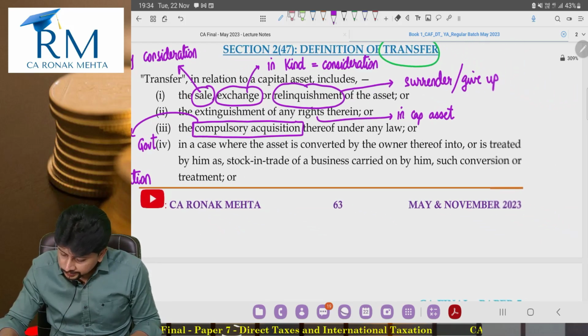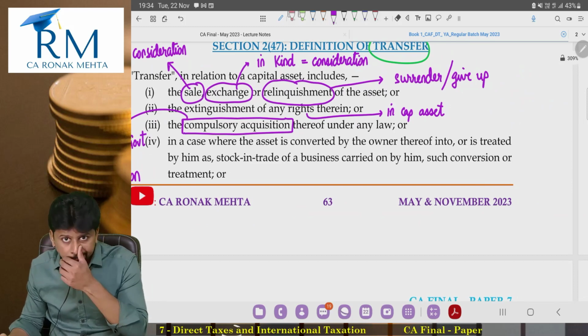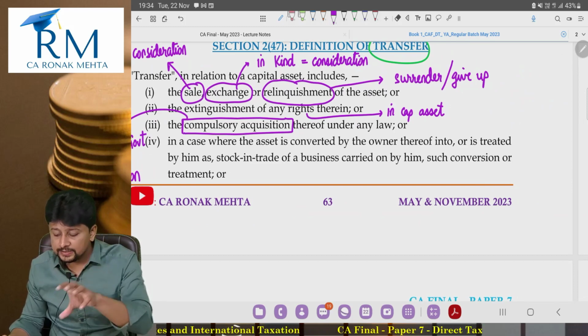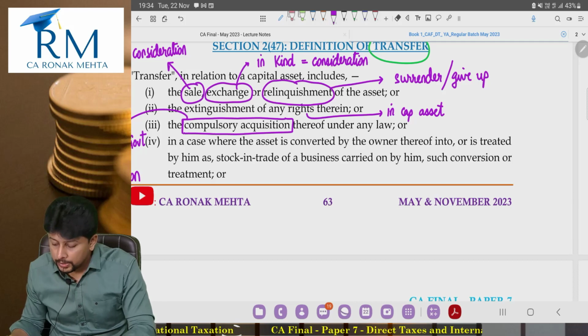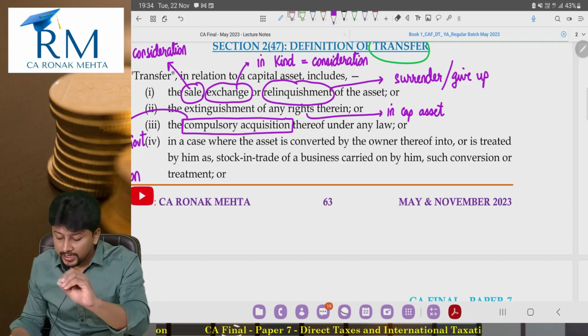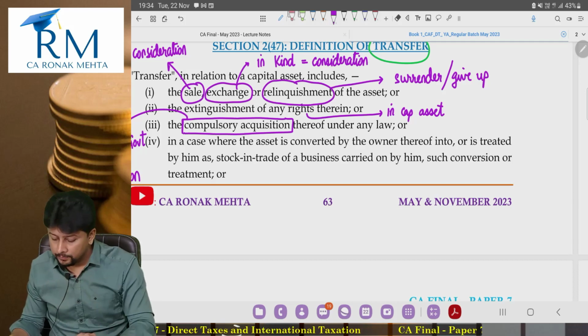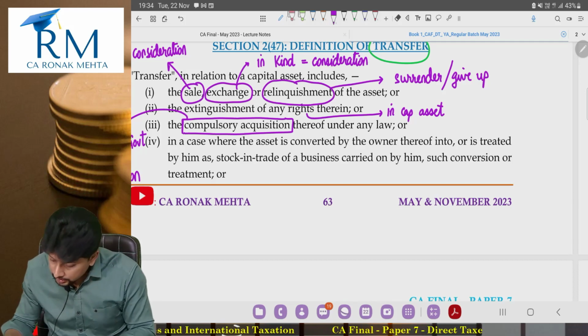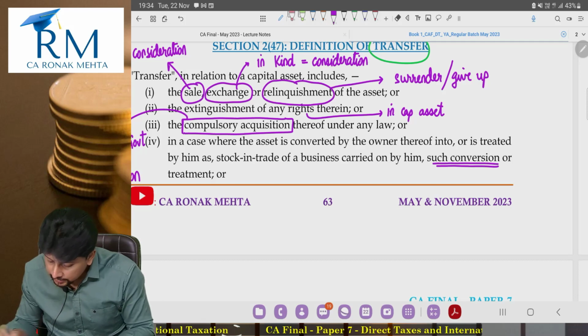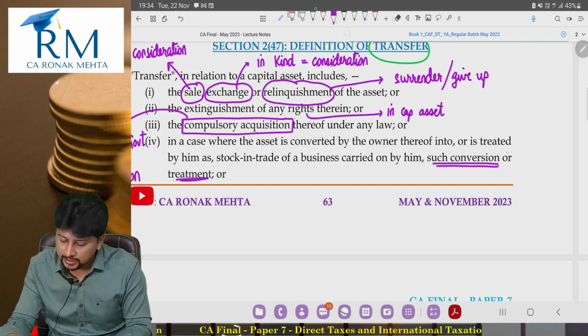Point 4. In a case where the asset is converted by the owner or is treated by him as stock in trade of the business carried on by him, then such conversion or such treatment is considered as a transfer.